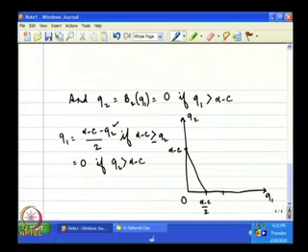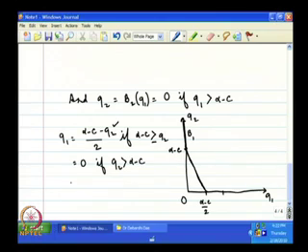If q2 is greater than alpha minus c, then q1 is 0, which means we are talking about the q2 axis itself. So, this is my B1. It consists of two parts. One is the downward sloping part, and another is the vertical part, over the point alpha minus c.